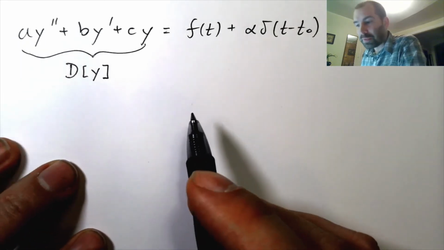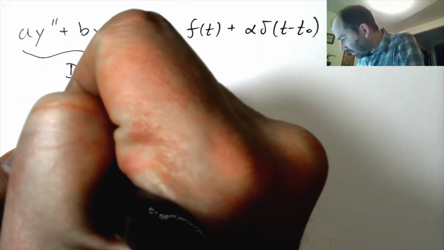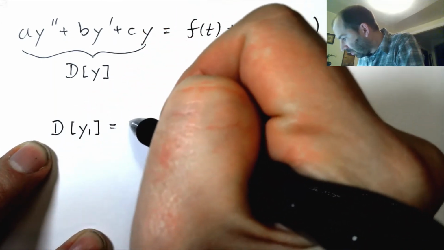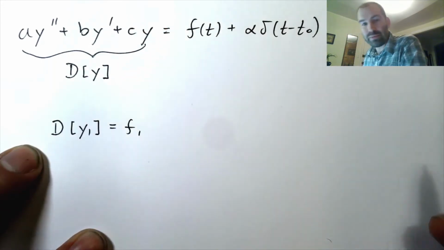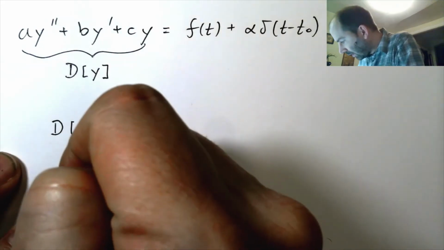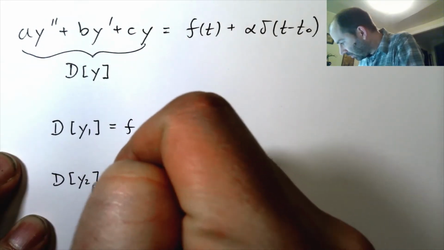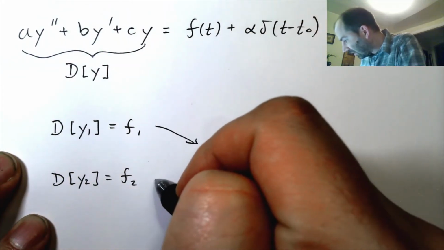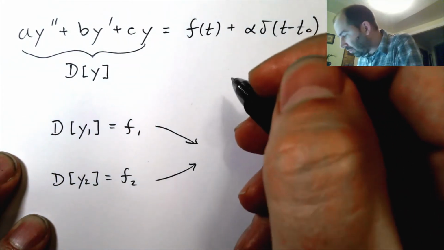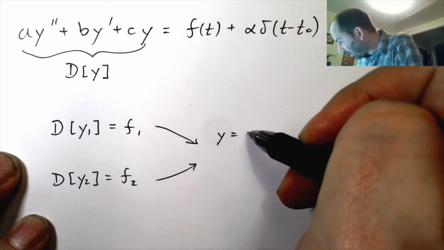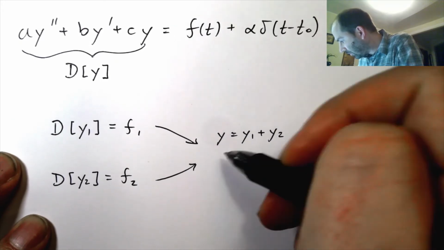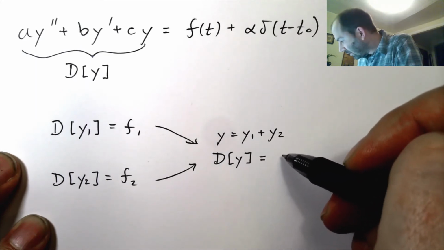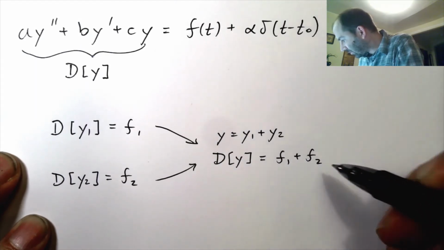The principle of superposition says that if you happen to know that d of y1 equals some function f1, and d of y2 equals some function f2, then you can put these together, and you know that if y equals y1 plus y2, then d of y is f1 plus f2.